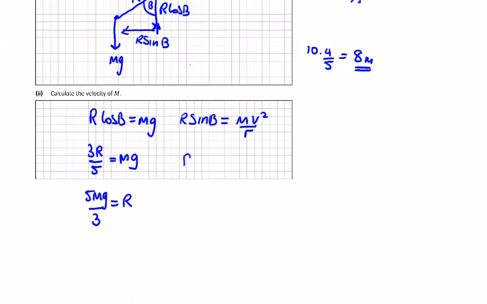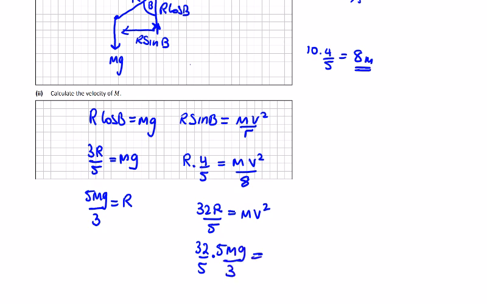So R by the sine of beta is equal to mv squared over 8. So 32R over 5 is equal to mv squared. So replacing R to get 32 over 5, and we have 5mg over 3 will be equal to mv squared.